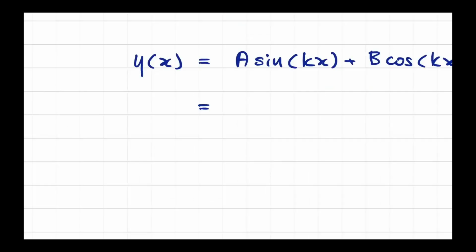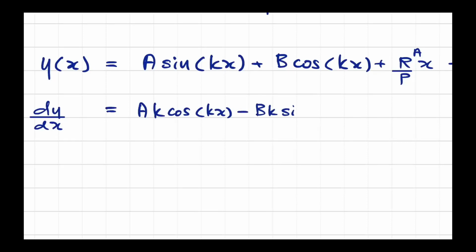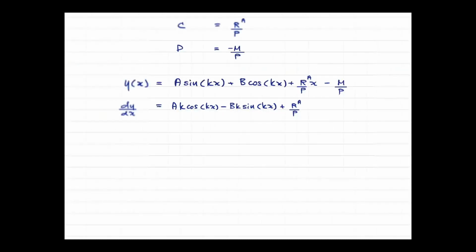Quite clear. So it is Ak cosine kx minus Bk sine kx plus RA over P, and that's it.